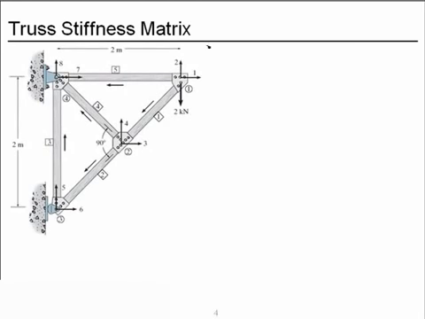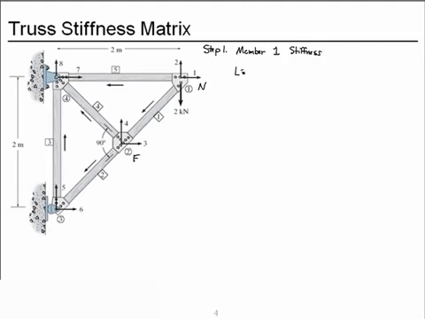Step 1. We're going to calculate member stiffness, and let's begin with member 1. Member 1 connects nodes 1 and 2, and by this arrow we see that node 1 is the near node and node 2 is the far node.